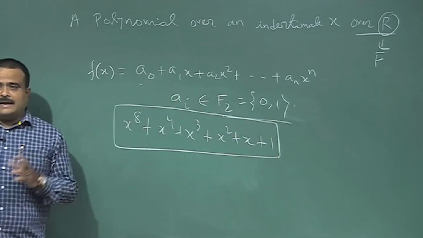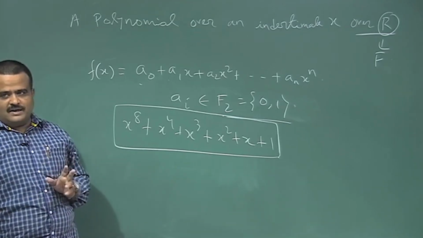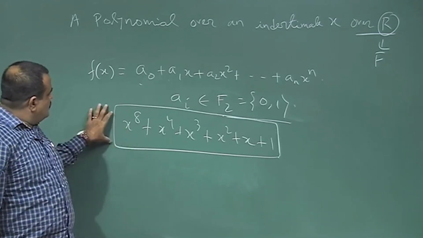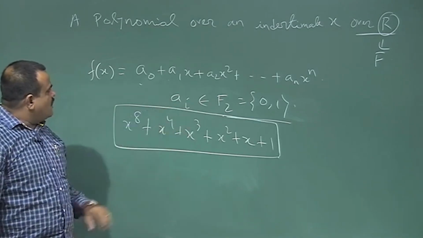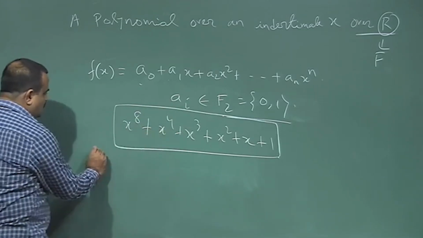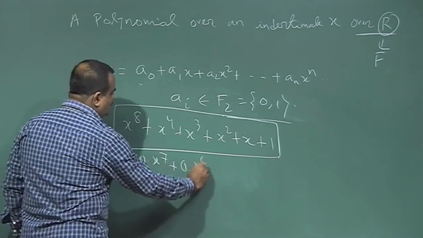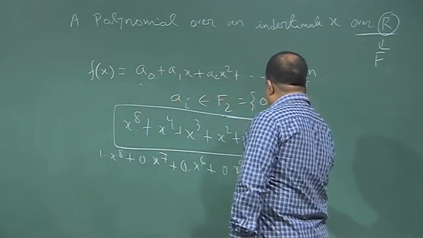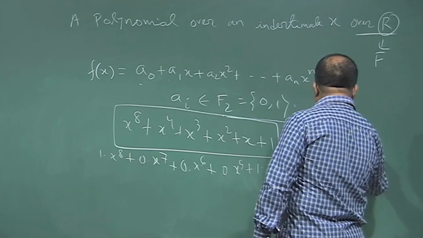is used in AES. When we talk about the block cipher standard AES, the Advanced Encryption Standard, the Rijndael, we will talk about it in a future lecture. There the designer used this polynomial. This polynomial is over F2, and the coefficients are 0 and 1, because this is basically 1 into x to the power 8 plus 0 into x to the power 7 plus 0 into x to the power 6 plus 0 into x to the power 5 plus 1 into x to the power 4, 1 into x cube plus 1 into x square plus 1 into x plus 1.